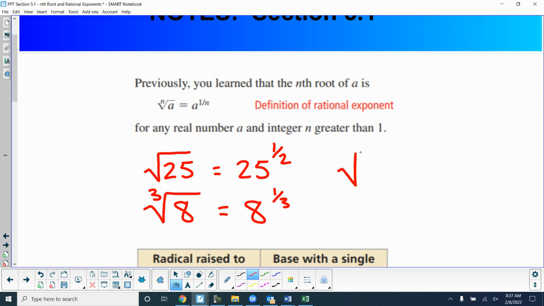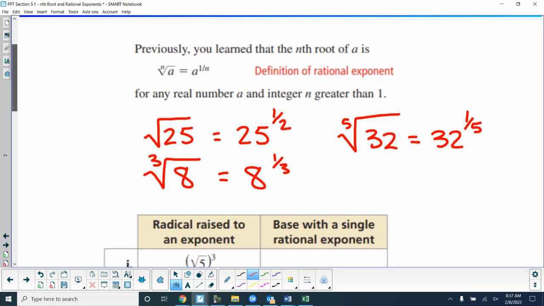If I have a fifth root, that's 1/5. You guys get any idea? Okay. So we can write roots, nth roots, with rational fraction exponents. Okay? So that's what we're working on today.